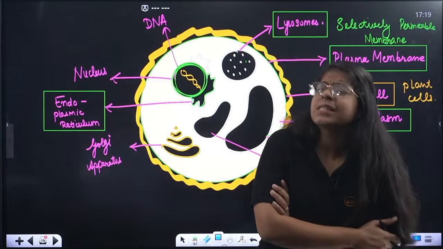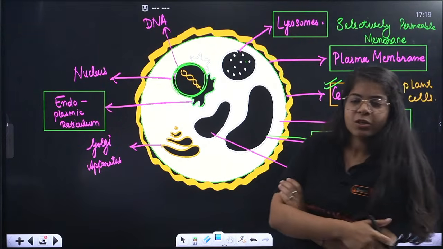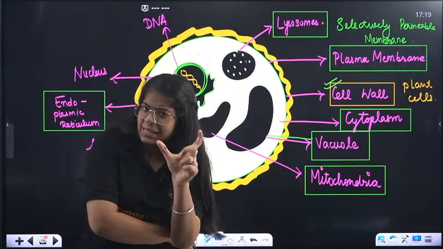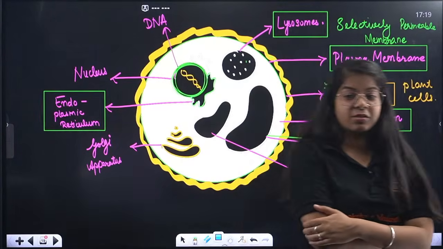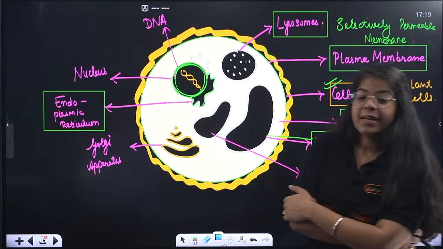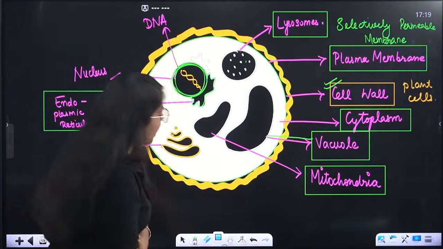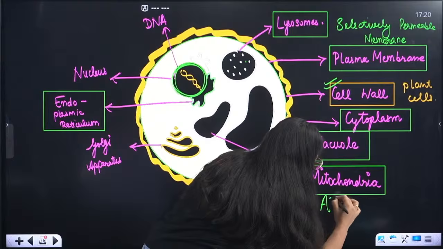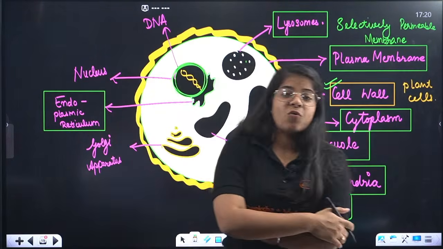In which form does it create the energy? Do you guys know? That's a little harder question than usual. There is a material, there is a name. What is that energy source in which it creates the energy? That is ATP. Very good. Mitochondria produces energy in the form of ATP, adenosine triphosphate.